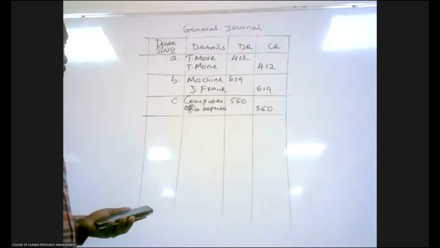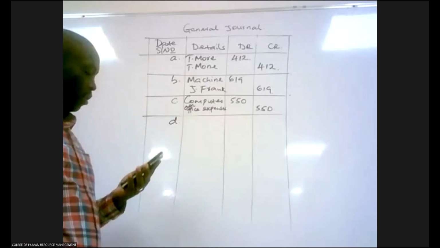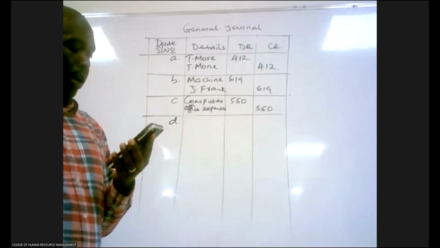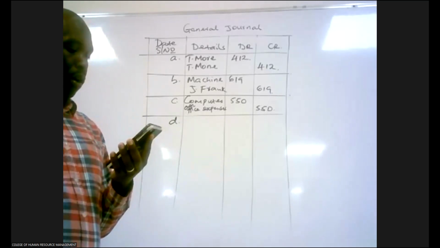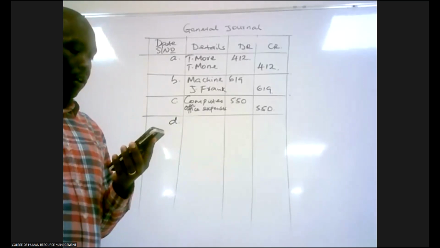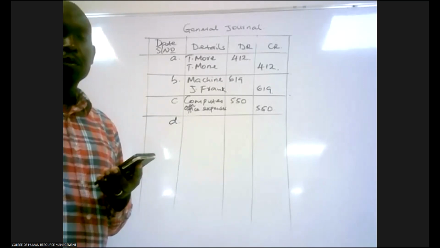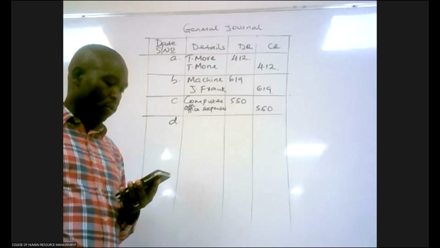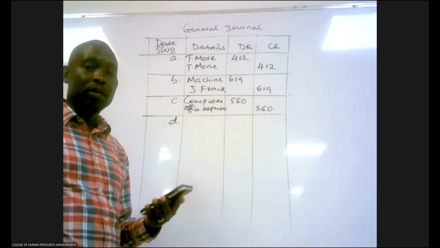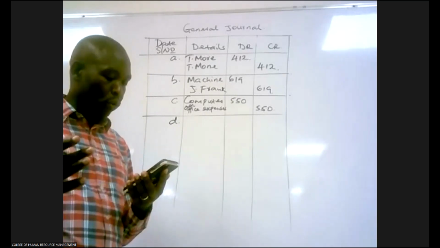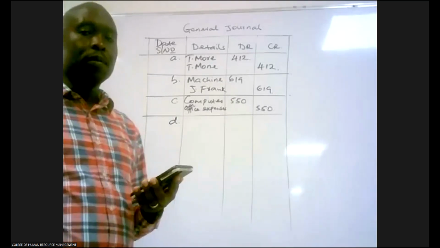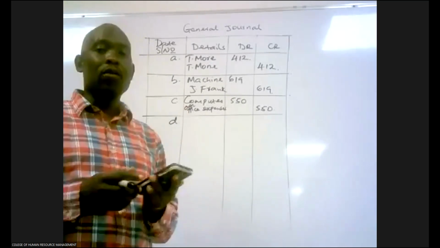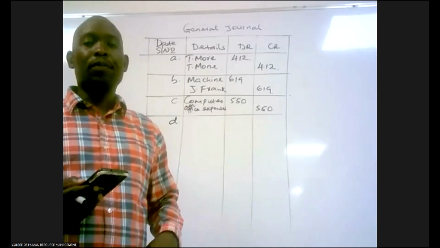B. A sale of 120 to B Wood had been entered in the books, both the debit and credit, as 102. What the statement is simply saying is that we sold goods on credit to B Wood, and we went ahead and opened the sales account and the B Wood account.